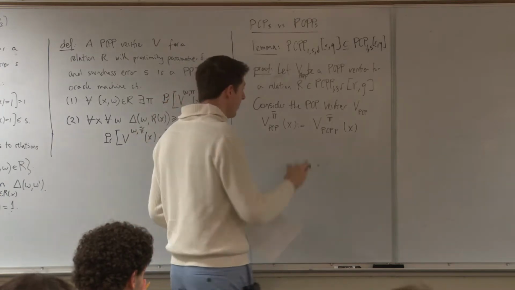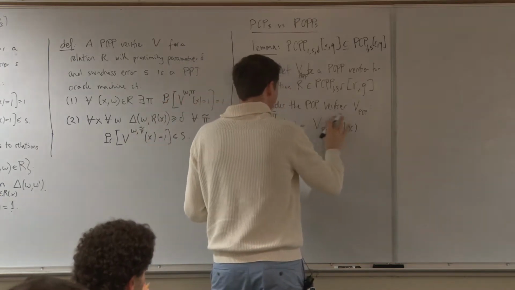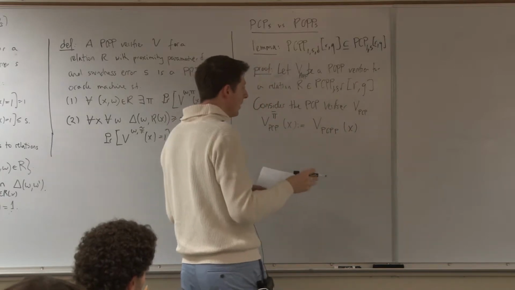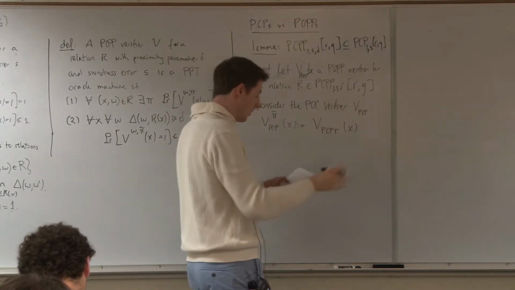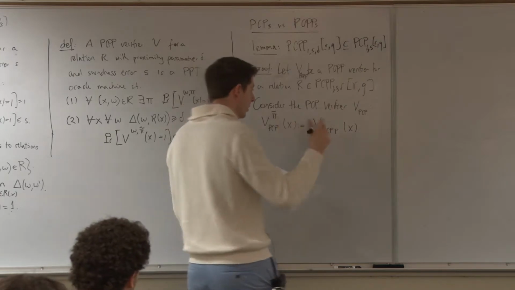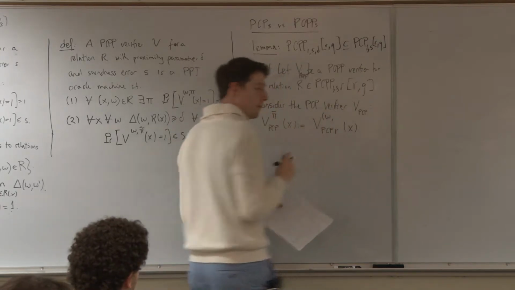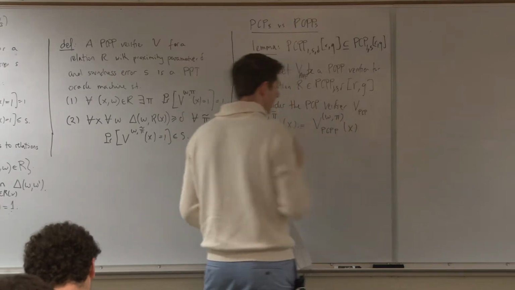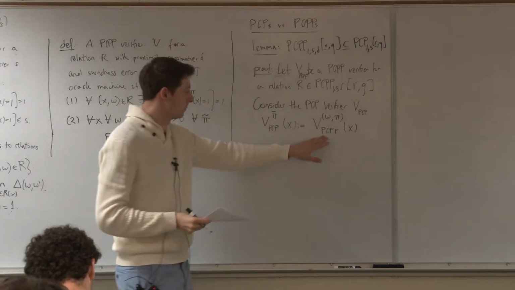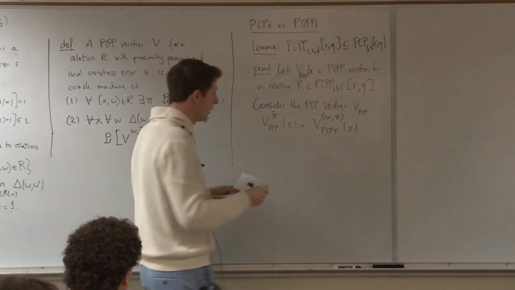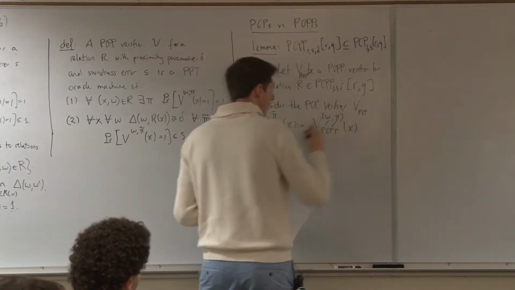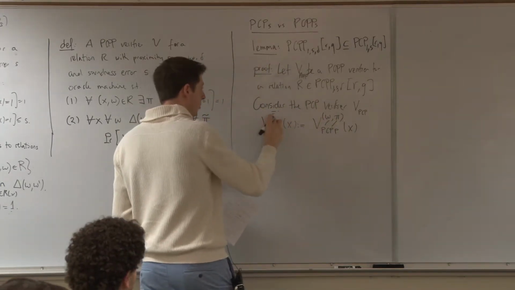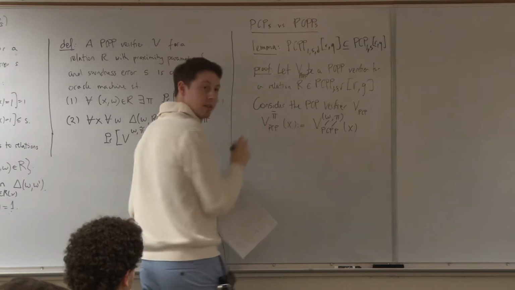Whatever pi bar is, I will designate the first so many locations and interpret them as W, and whatever remaining locations I will interpret as pi. And then I run this guy, so that the queries get translated to different locations in here.